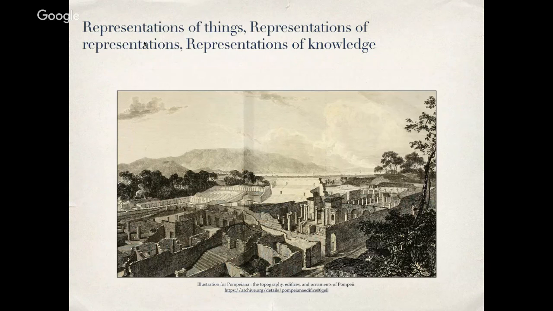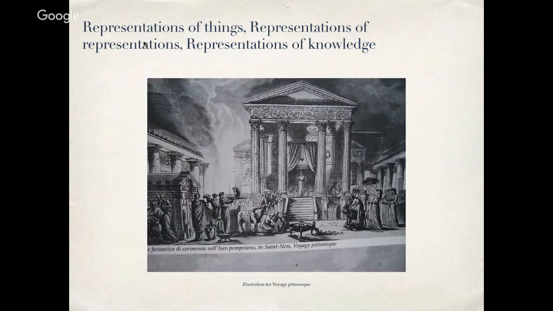And again, we have this hypothetical life scene that is, believe me, absolutely not possible in the real space of the Temple of Isis. That is actually a tiny, tiny space, and there is no way that so many people and a cow would actually fit in that space.